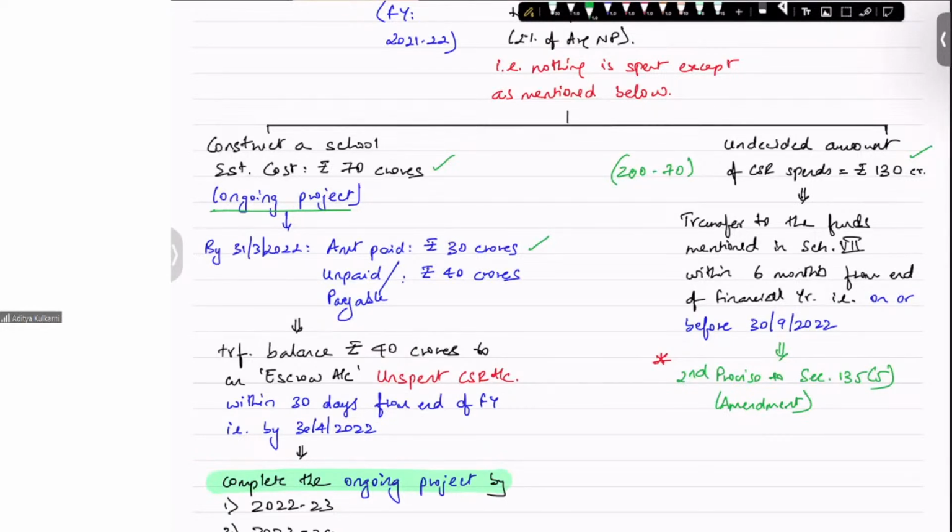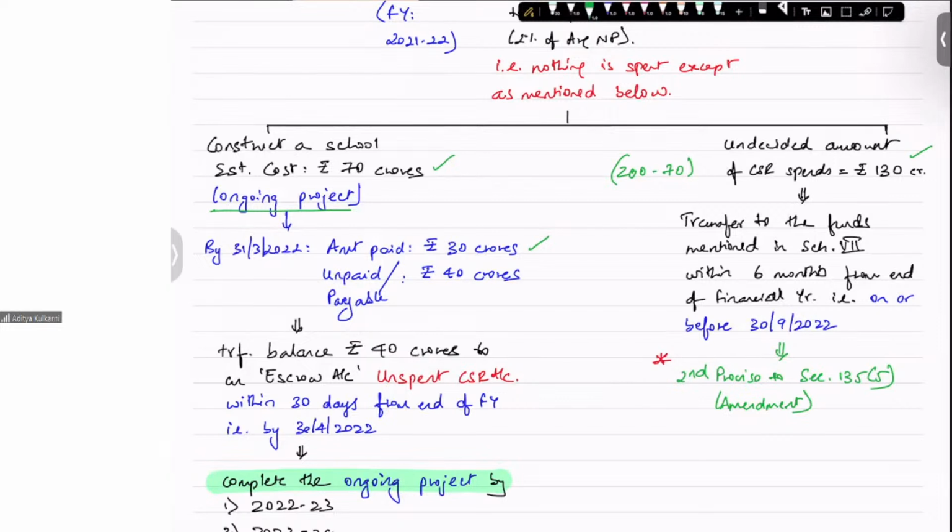You will not say, take the entire money because this is my obligation and now you build. You cannot say that. You will give the money depending on the degree of work that the contractor has completed. So therefore, you have the intent of spending. That is why the Act calls it an ongoing project.